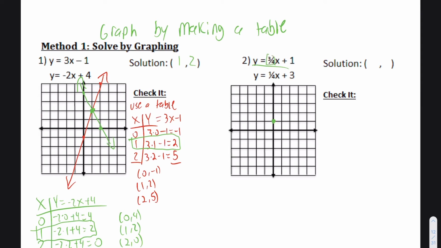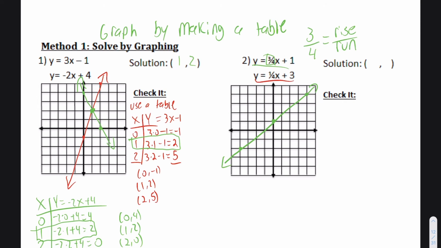My slope is 3/4, which means that the rise is 3 for every 4 that I run across. So if I go 4 to the right, I should go up by 3. If I go 4 to the left, I should go down by 3. Connect that, and we have our line.